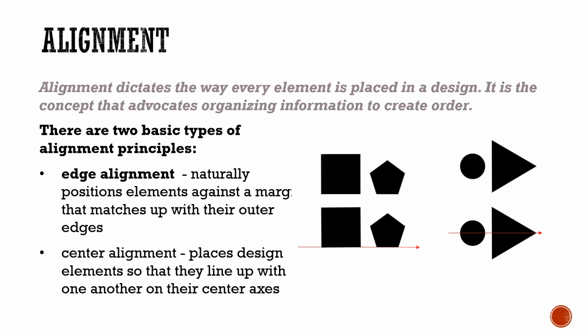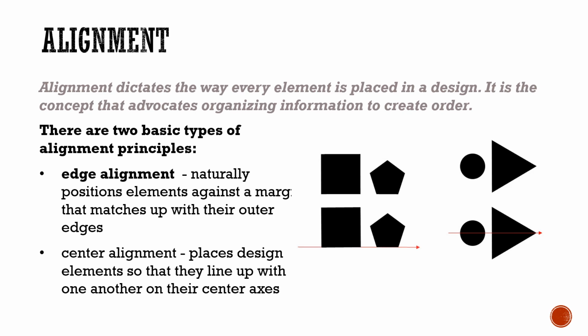There's left aligned, where you stick elements to the left of the y axis. There's right aligned, where you stick elements to the right of the y axis. There's top aligned, where elements will be at the top of the x axis. And then there's bottom aligned, where the elements will stick to the bottom of the x axis.